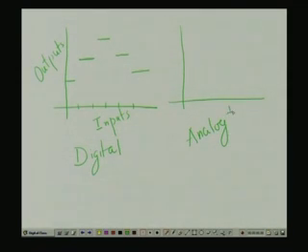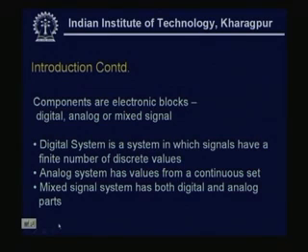So, if we draw, this can be, say, a continuous function. The input can take any values here, and for each value of input, the output can also take any value. So, this is some infinite set.